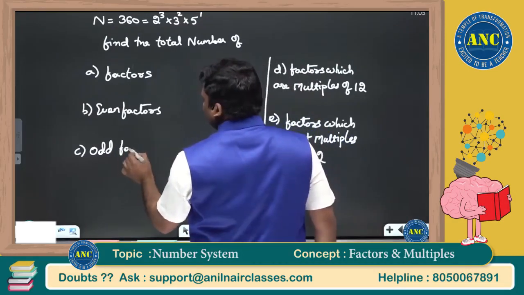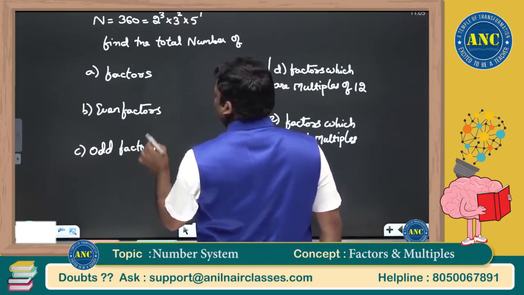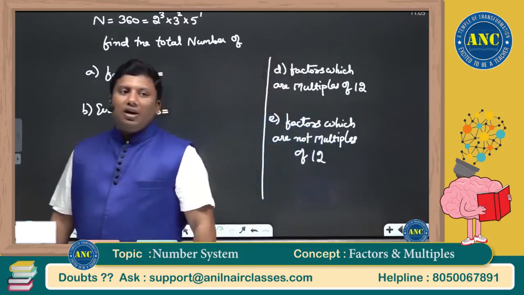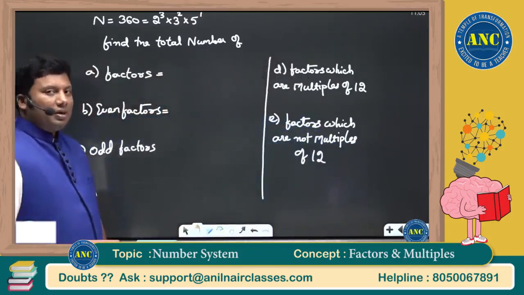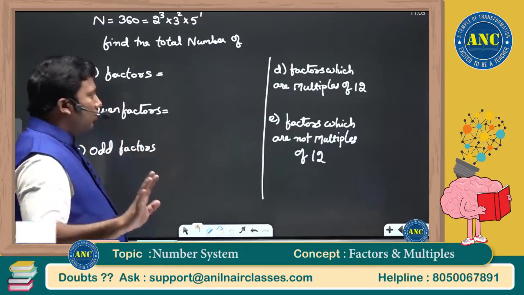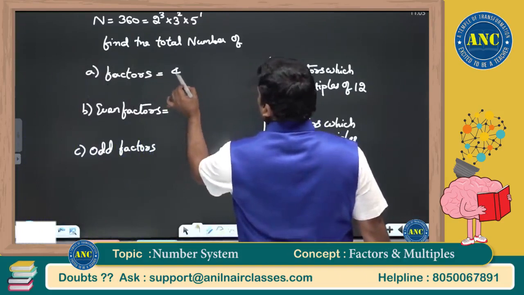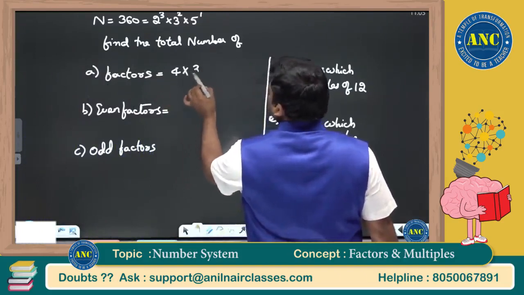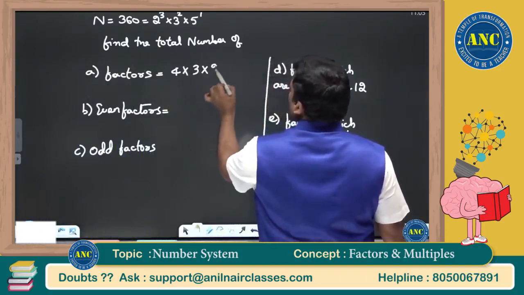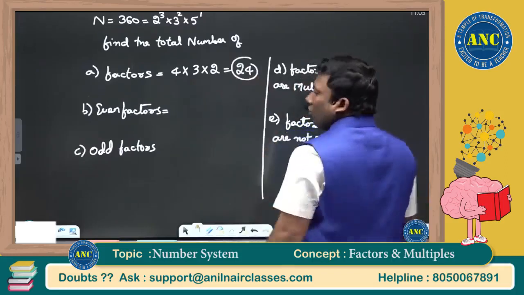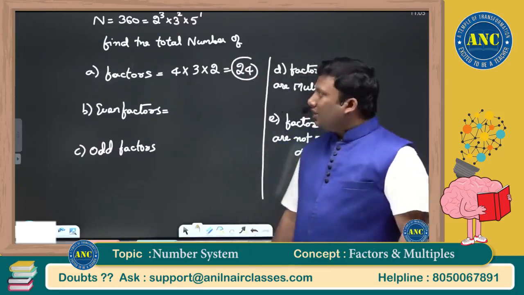Factors, even factors, odd factors, factors which are multiples of 12 and factors which are not multiples of 12. One by one we will go. Listen carefully. Factors: 0 to 3, 4 cases, 0 to 2, 3 cases, 0 to 1, 2 cases, 4 into 3 into 2. Total 24 factors are there.